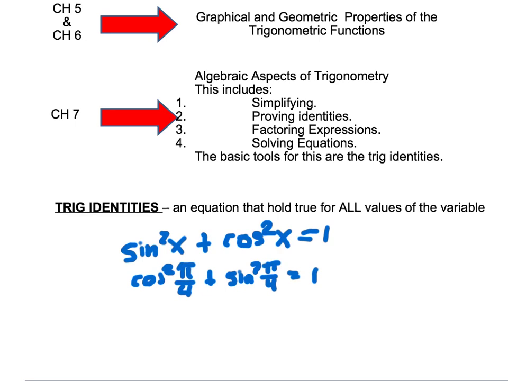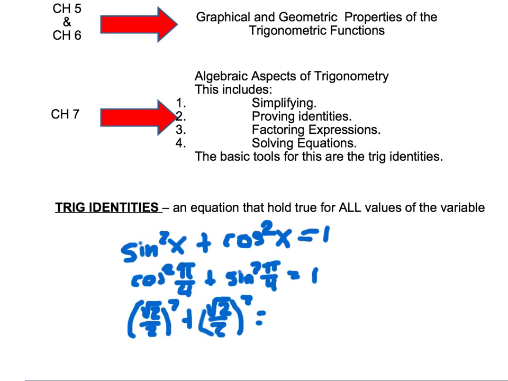I picked pi over 4 for a reason, because both sine and cosine are the same at pi over 4, which would be square root of 2 over 2 squared plus square root of 2 over 2 squared. Running out of room vertically here, so let's move laterally.